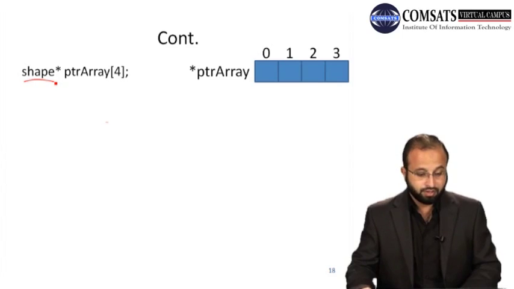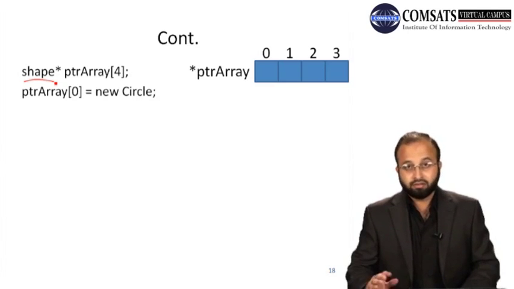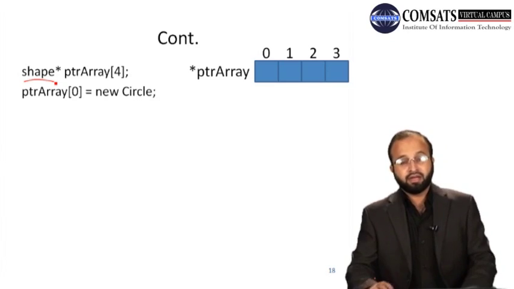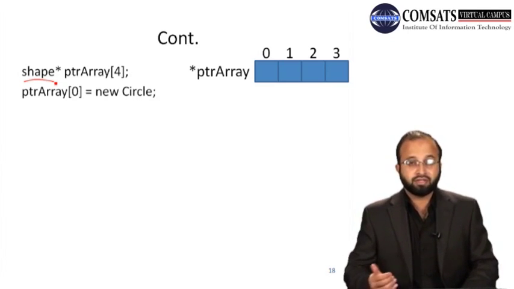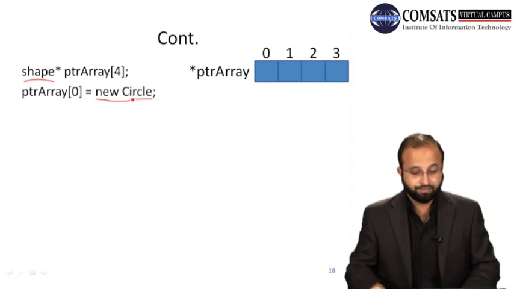Now this statement means that we declare an array whose name is ptr array. It contains 4 elements, and the type of the element is shape. ठीक है, not the shape, basically it contains the memory addresses, और वो memory address जिस memory को point कर रहे होंगे वहाँ पर shape type के object store होंगे, right.